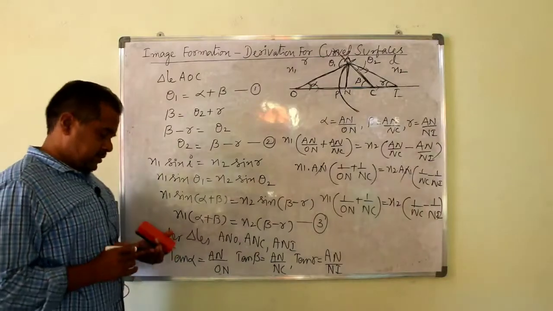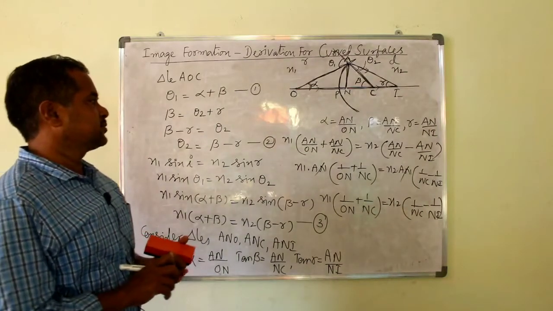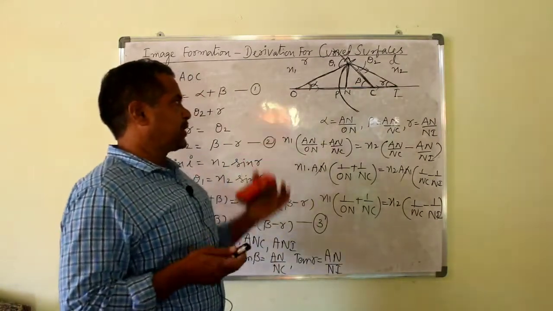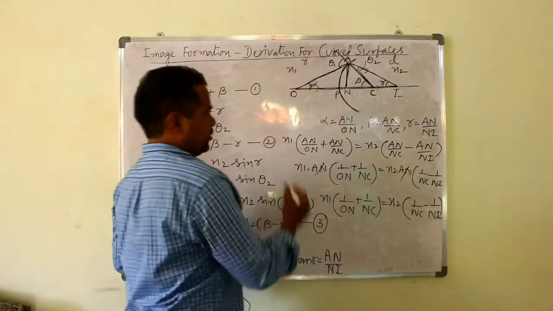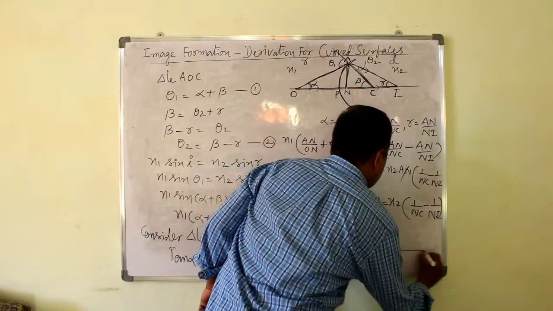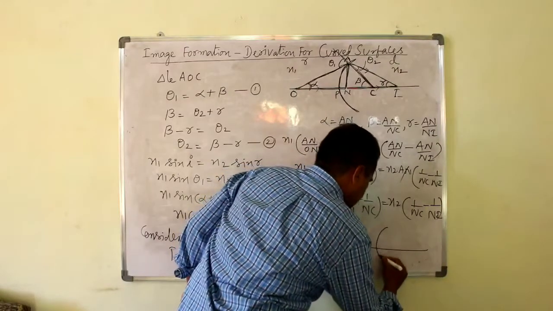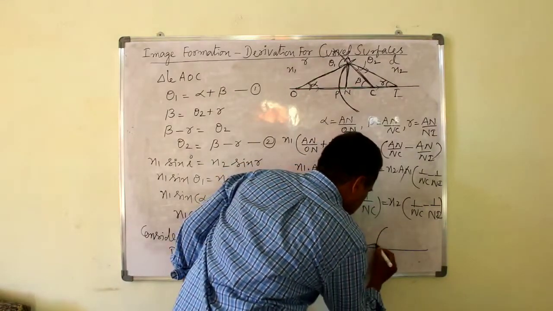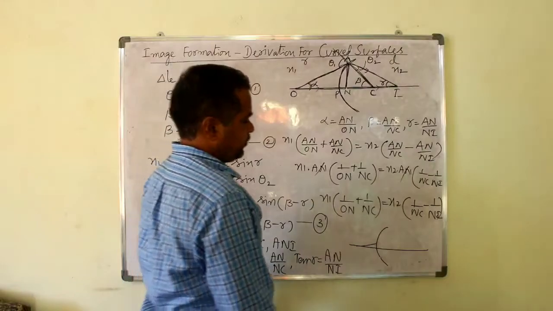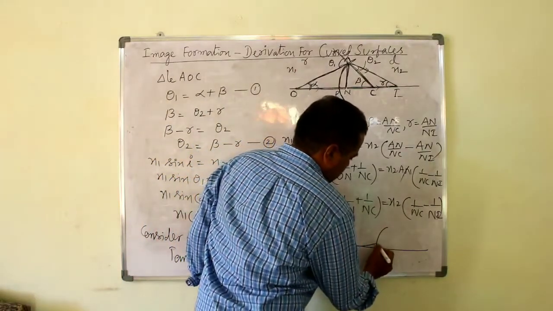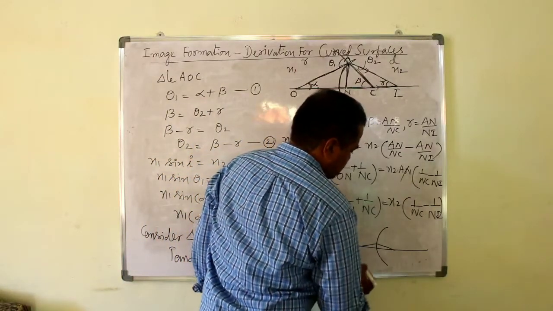These calculations or approximations are suitable for paraxial approximations. For example, if the light ray moves very near to the normal, it gets refracted like this.